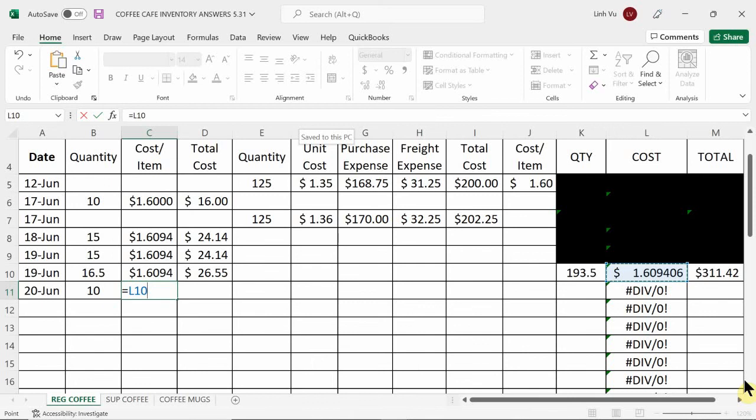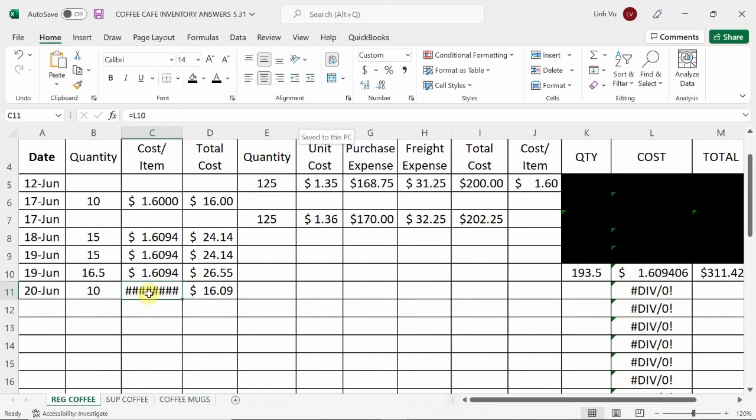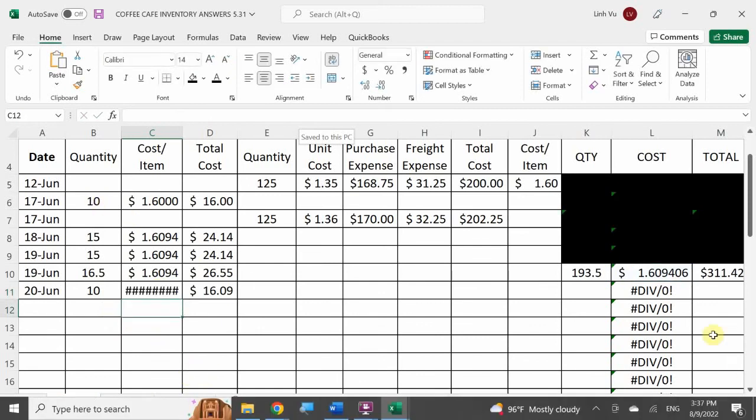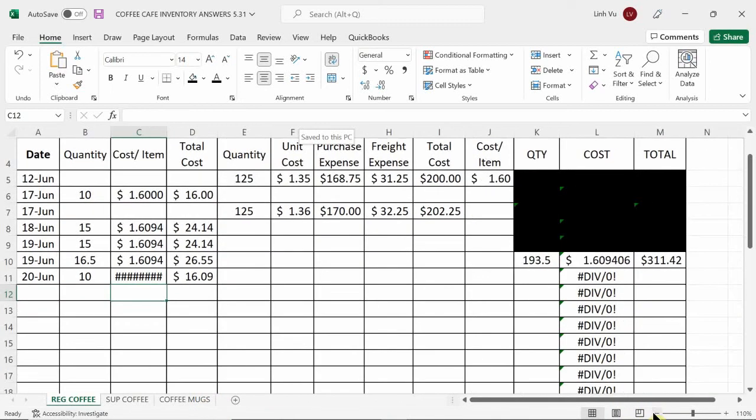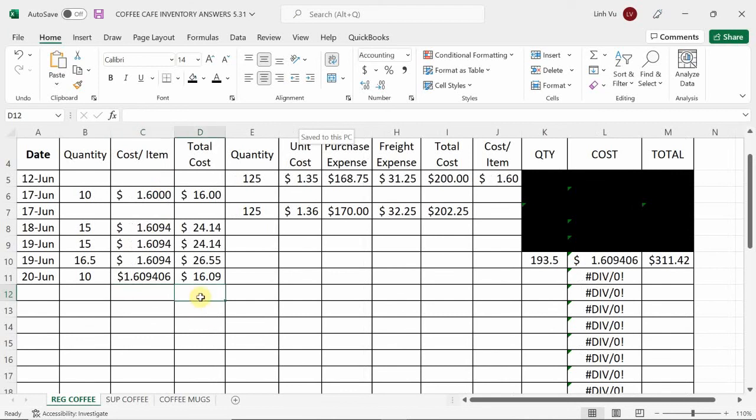$16.09. So how much is the grand total for the cost of goods sold? $160.94.